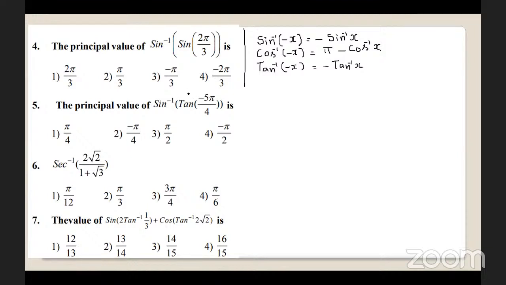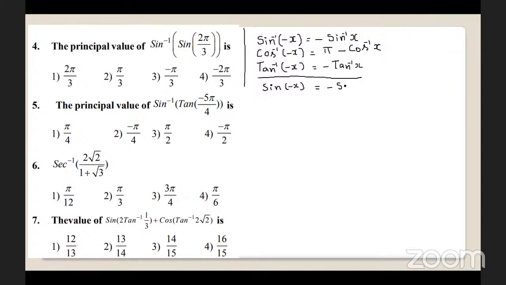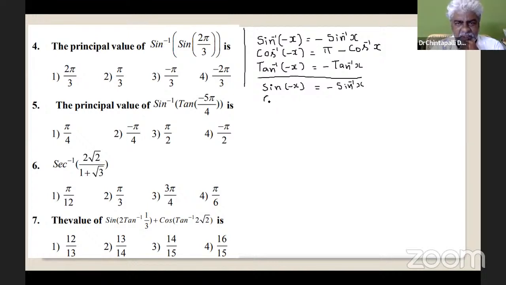And one more thing, sine of minus x is equal to minus sine x. Let's see the difference between sine and cos. Cos of minus x is just cos x, not negative cos x or pi minus cos x. Notice the difference between these two functions, right?